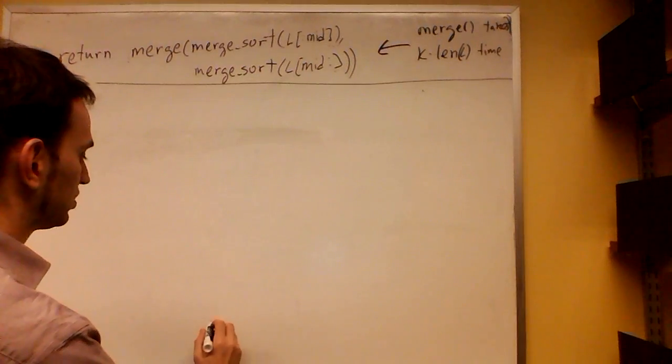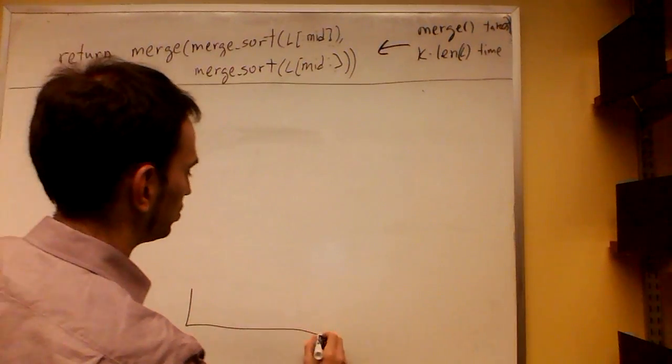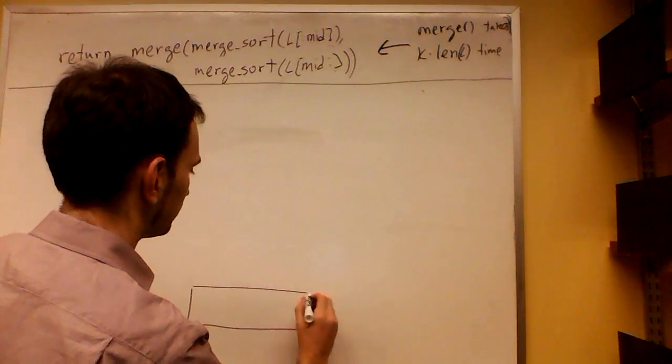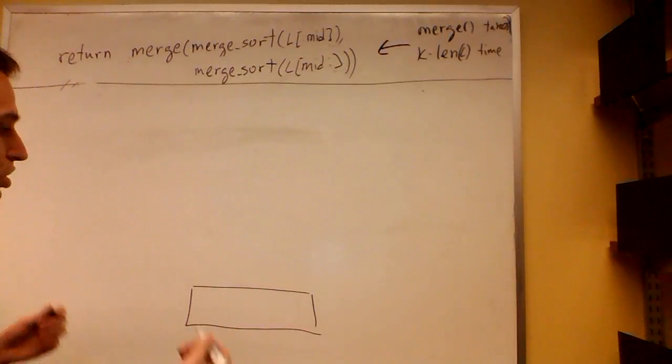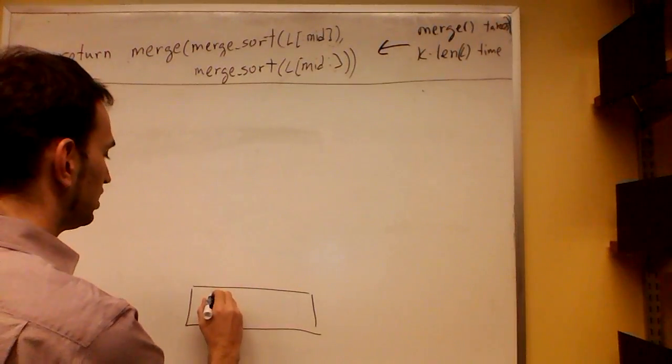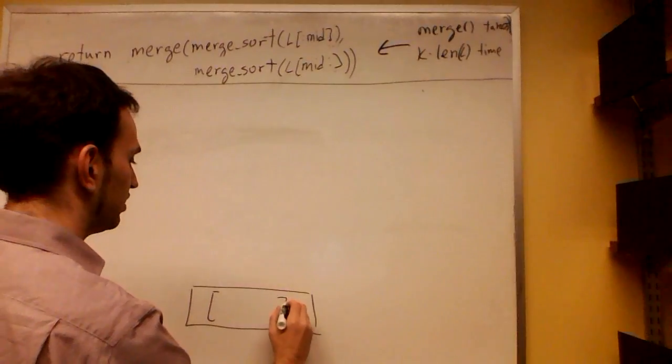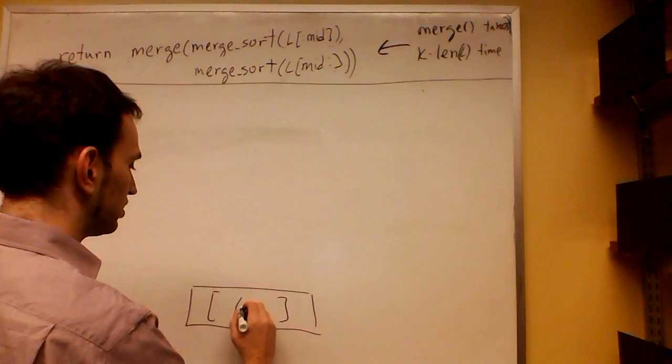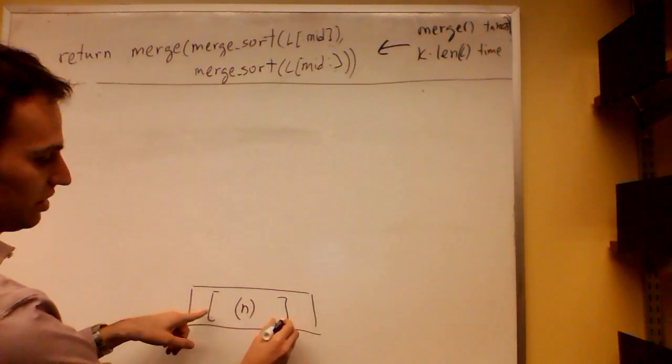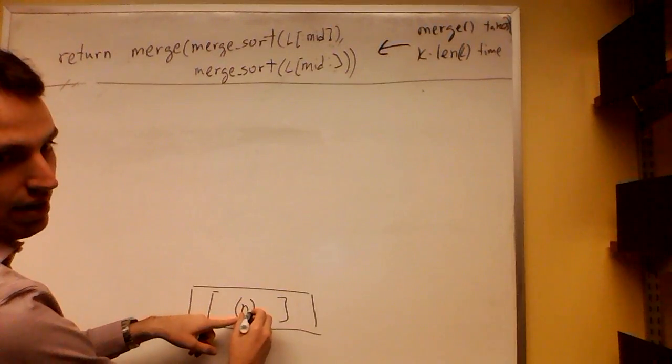So we'll start at the bottom, and what we're doing is we're going to be calling merge sort with some kind of list that's going to be of length n. So I'm going to denote it like that. It's going to be a list that's of length n.